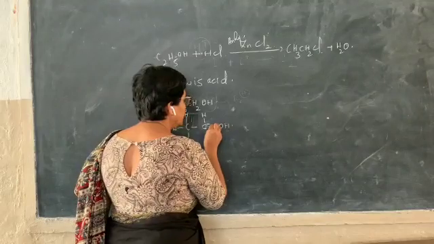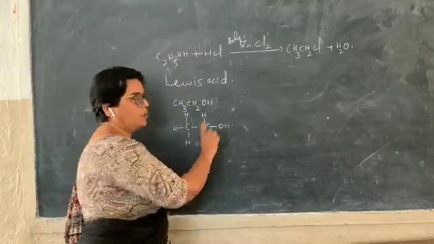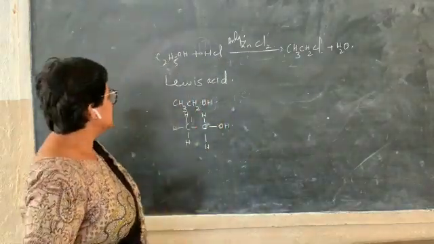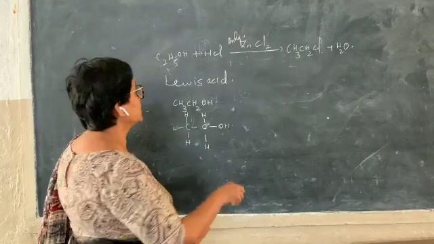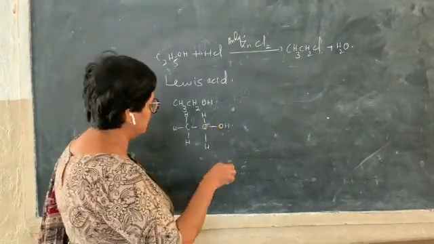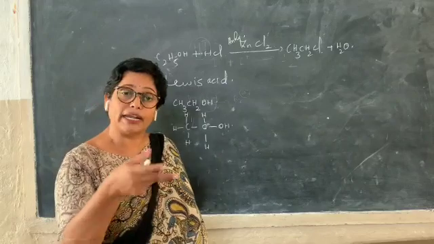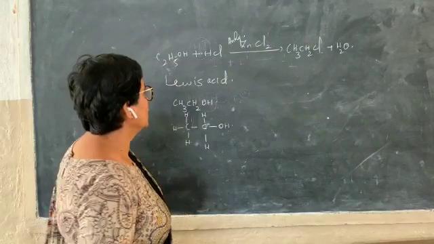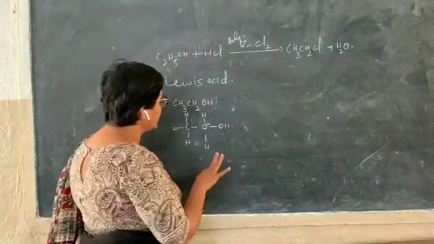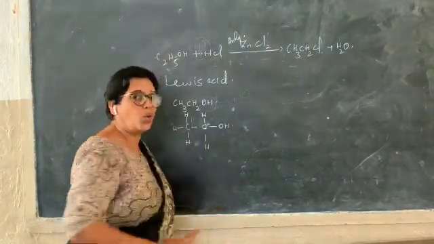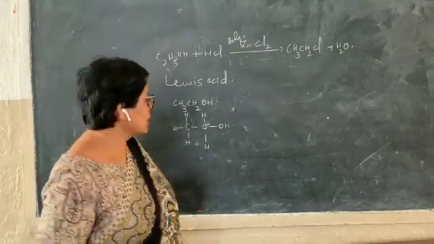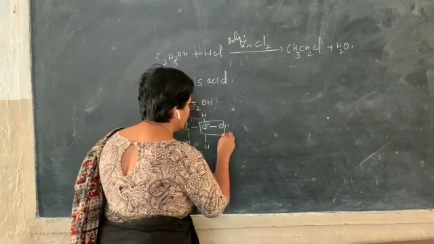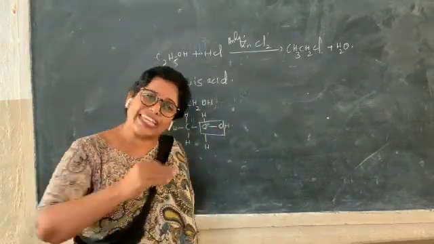So you see the bond between C and O. If we use this Lewis acid, zinc chloride, it will coordinate with the bond between C and O. As a result, the bond between C and O will be weakened.